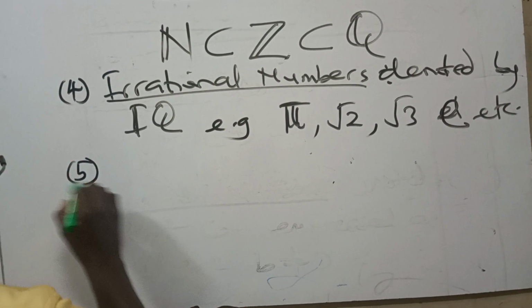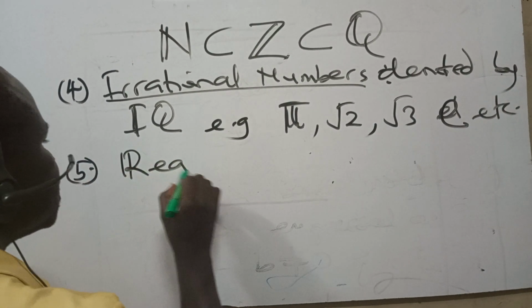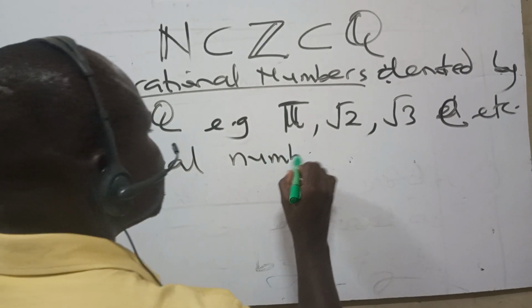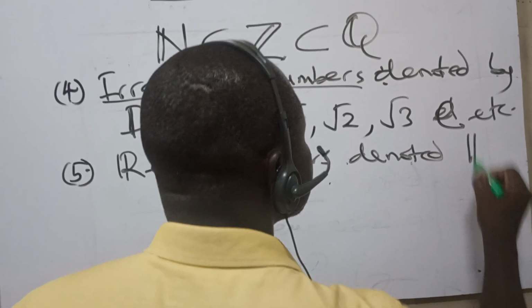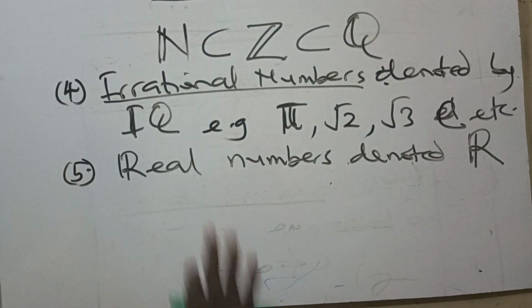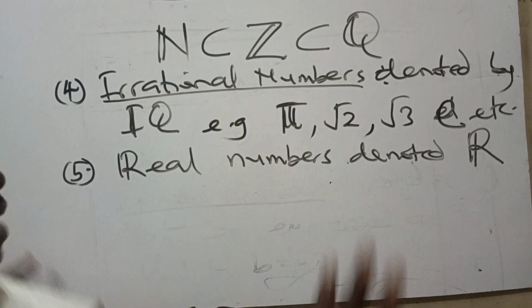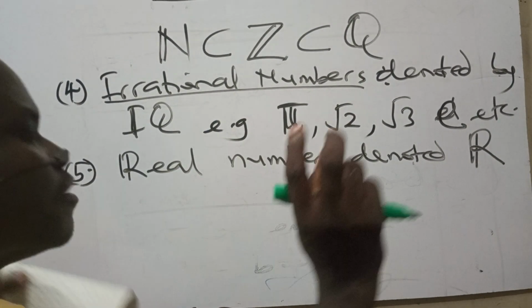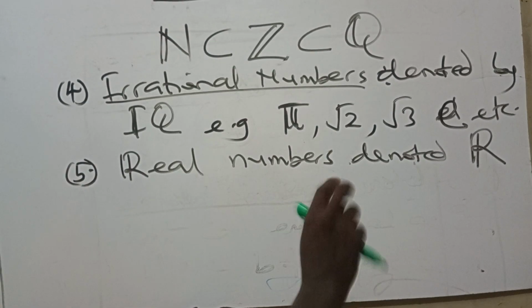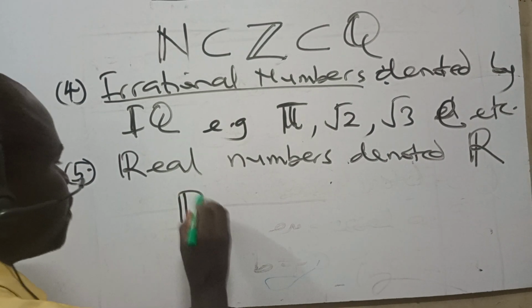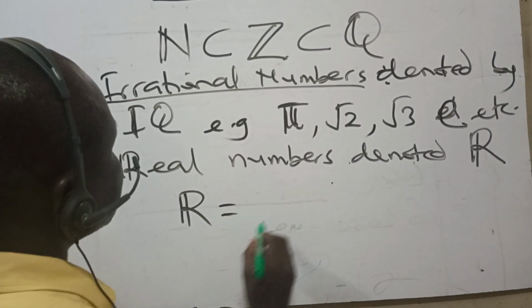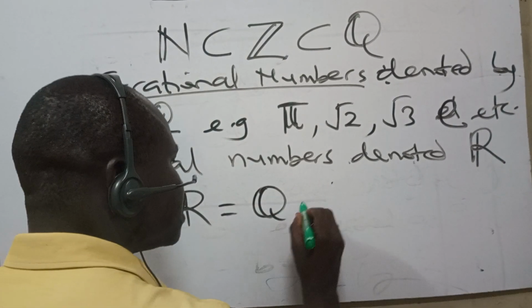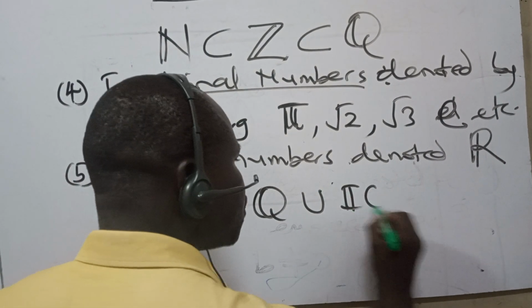Then there's this other set called the real numbers, denoted as R. This is like a mother set, the highest set of numbers in the real sense under consideration. Real numbers can be represented as rational numbers union irrational numbers.